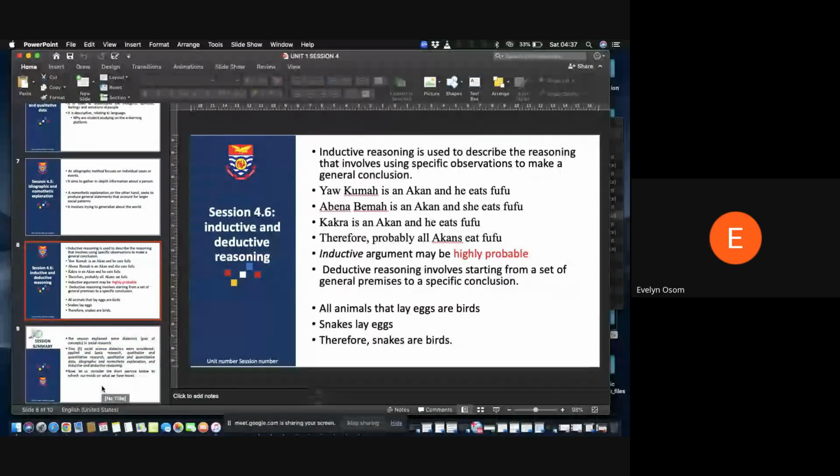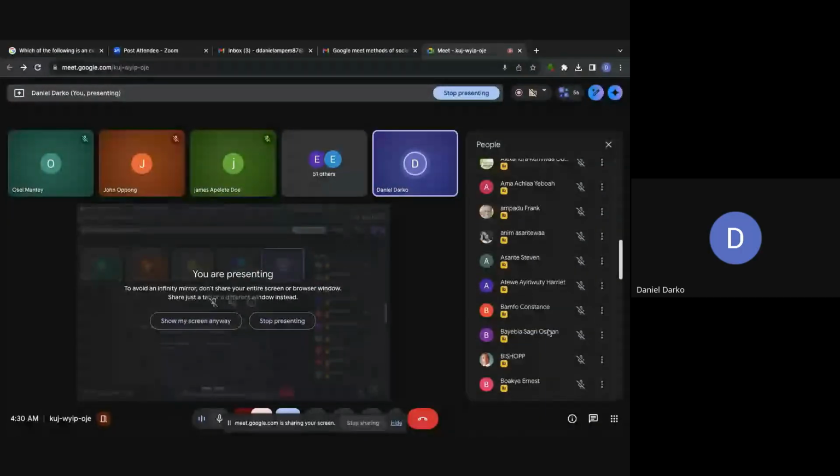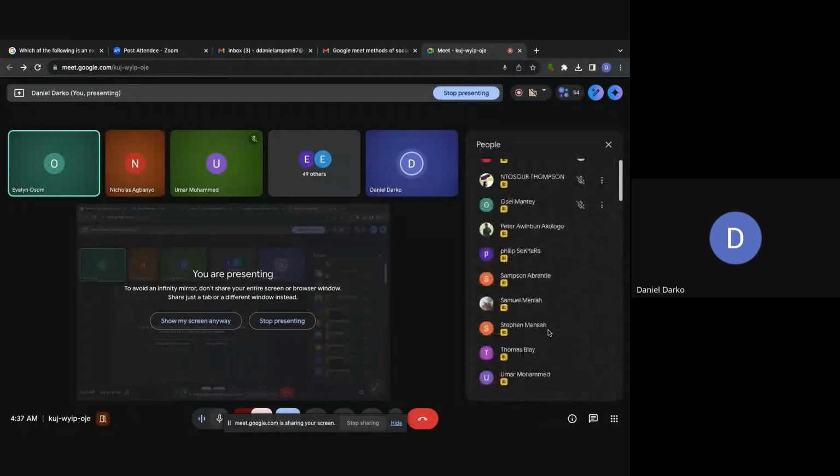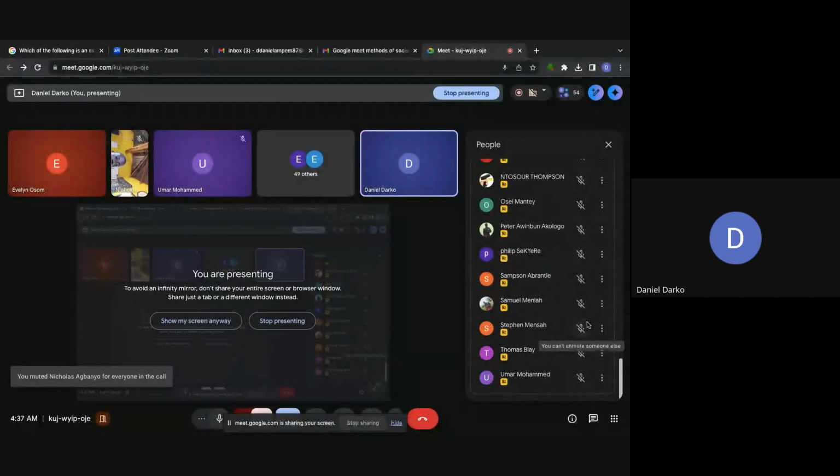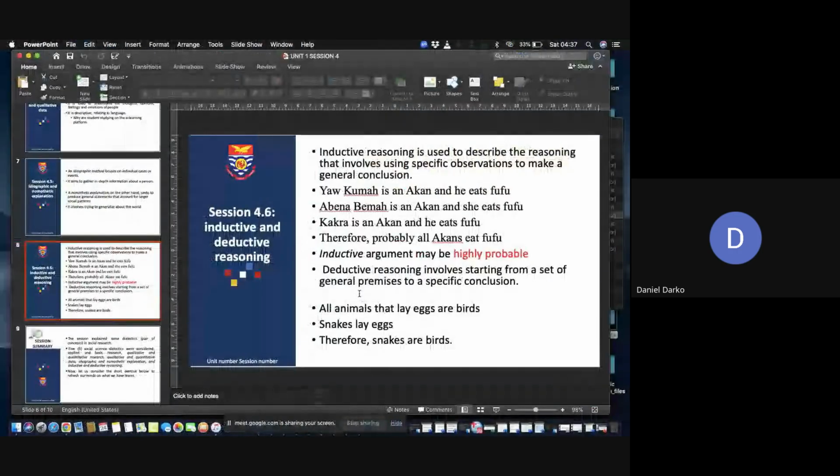Therefore, snakes are birds. The general statement is all animals that lay eggs are birds. Then what is the specific? Snakes lay eggs. Therefore, we can conclude that snakes are birds. Is that clear? So this is deductive reasoning: from a general statement, we make a specific statement. But with inductive, we make specific statements, then we end up with a general conclusion.